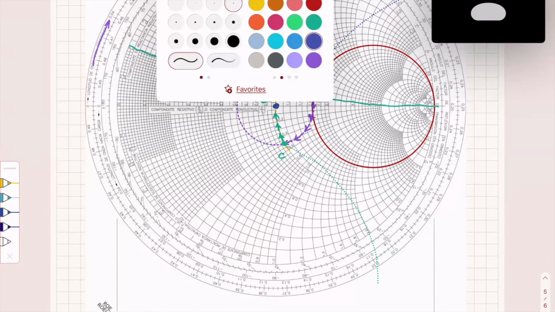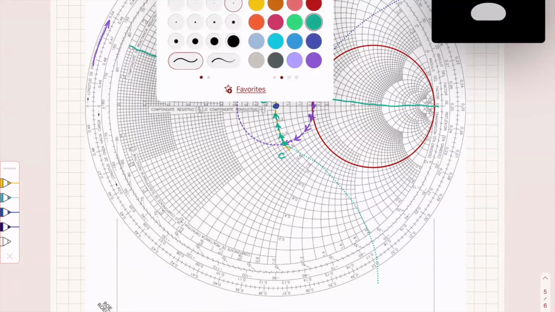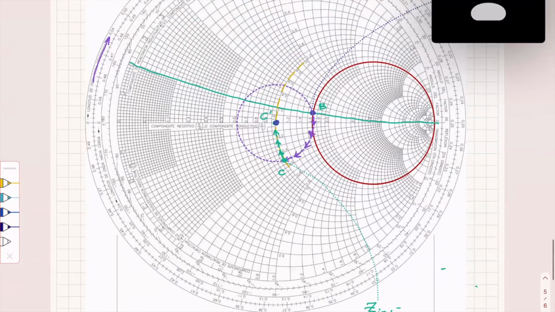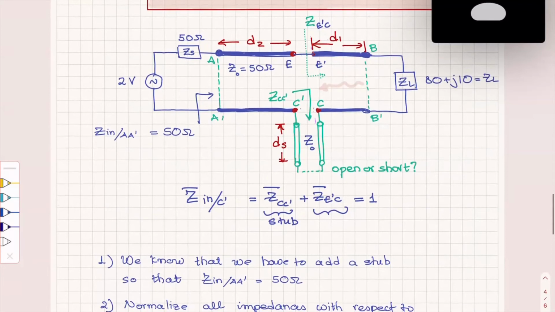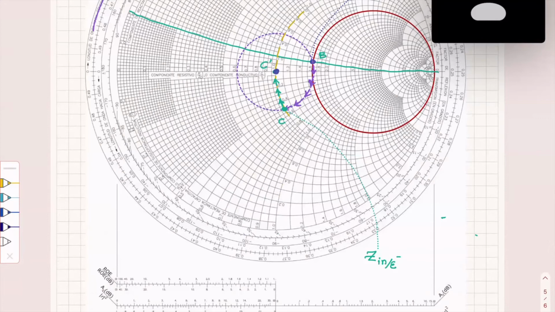let me write now what I was supposed to write, that Z input at C, let me see, Z input at E prime C equals what we read from point C, which is going to be the real normalized.